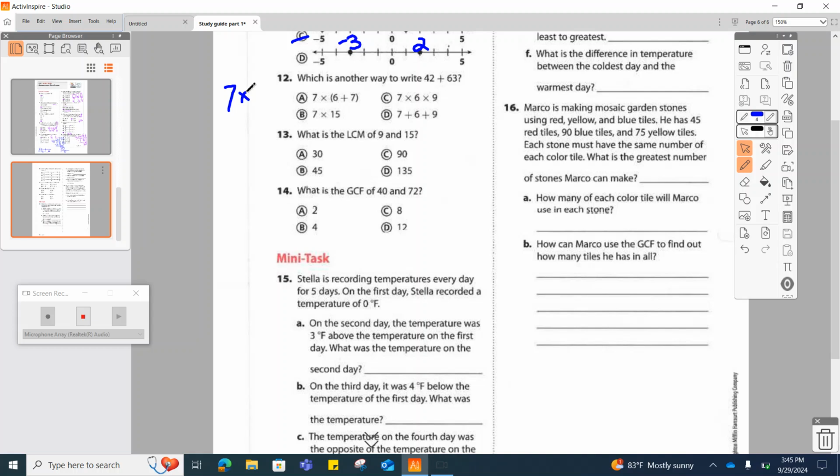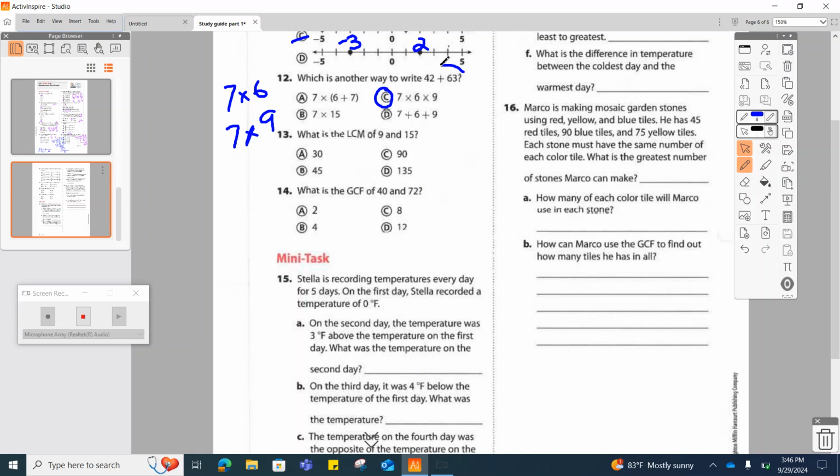And 7 times 9 would give me 63. So what they have in common is 7. Okay, so if I multiply 7 times 6 times 9, I'm going to get the same thing as this.